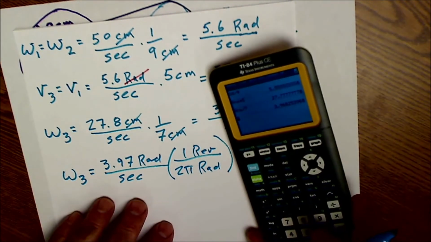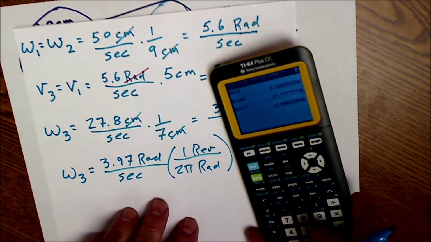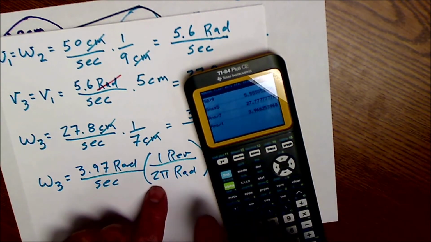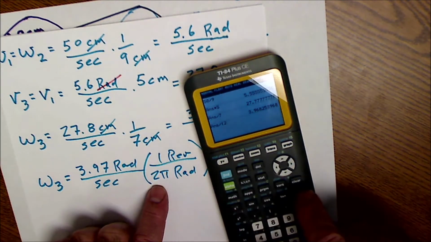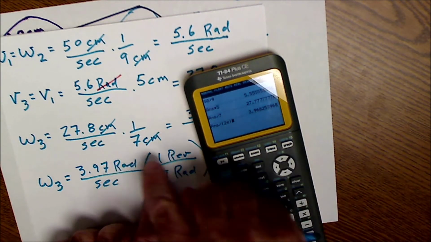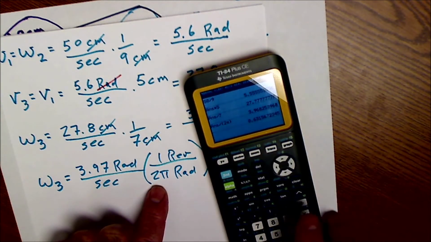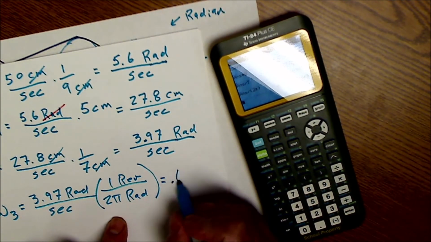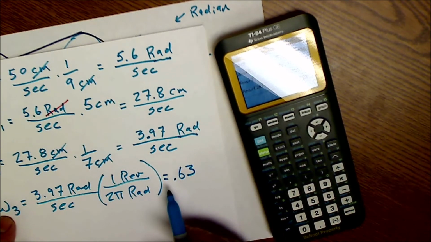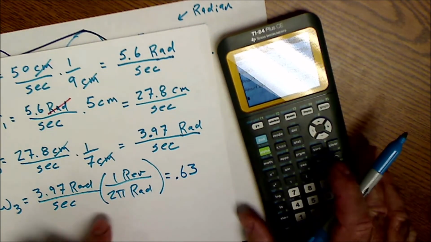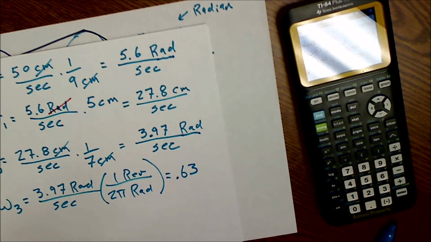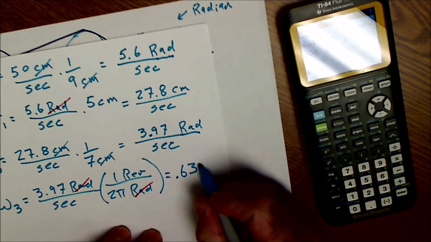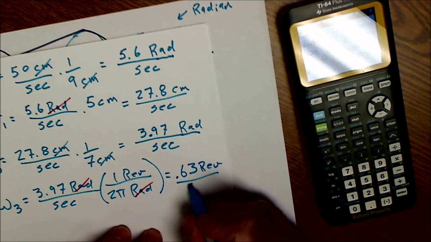And then I would take that same value that's stored on my calculator at 3.97 and divide it by open quantity, 2 pi, closed quantity. So I take that answer divided by 2 pi and I get 0.63. This is still an angular velocity. However, it is now in revolutions per second, or RPS.